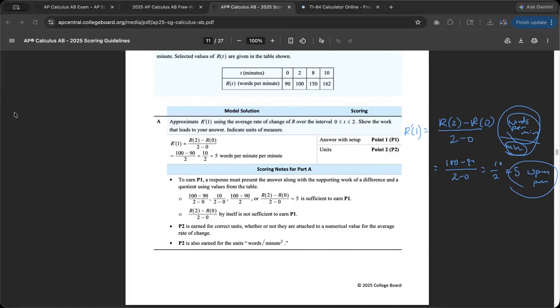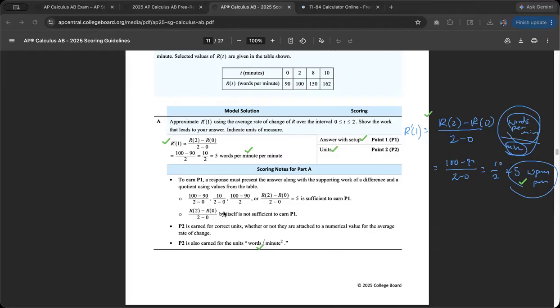To score this correctly, we need to make sure that we have our answer with the setup. Right there we go, we got that first point. The second part is the units: words per minute per minute, 5 words per minute per minute. In order to get both points, we have to make sure that we show that entire thing. You can also get the points by saying words per minute squared.